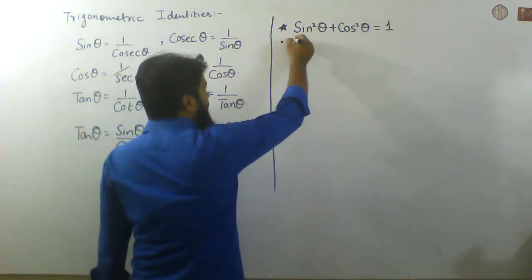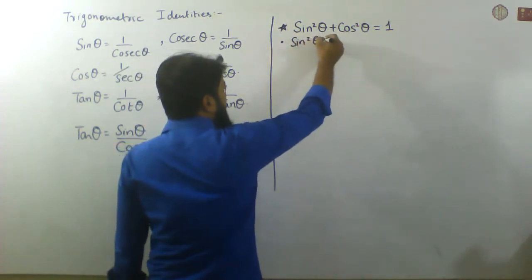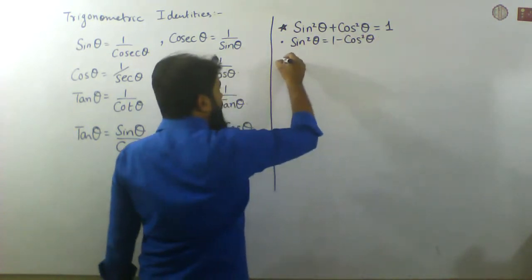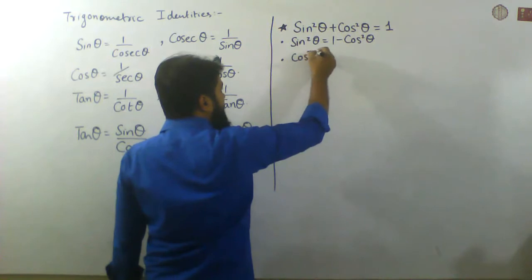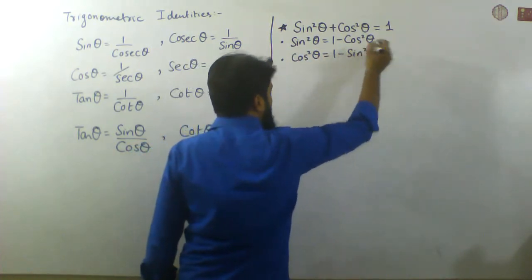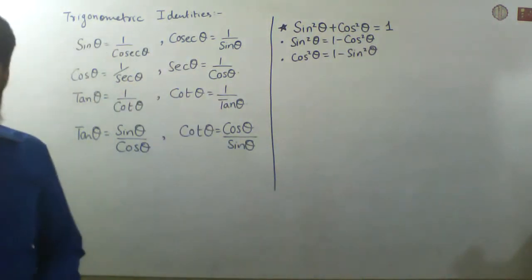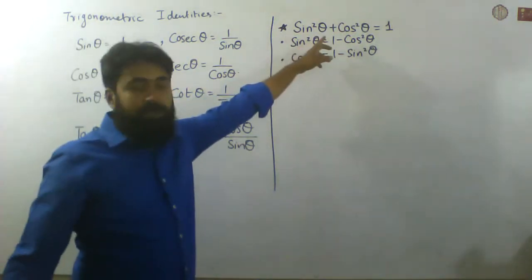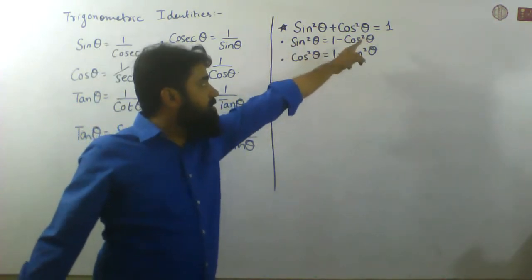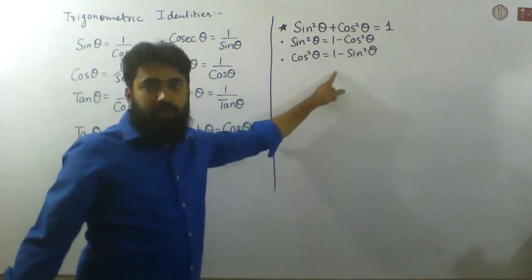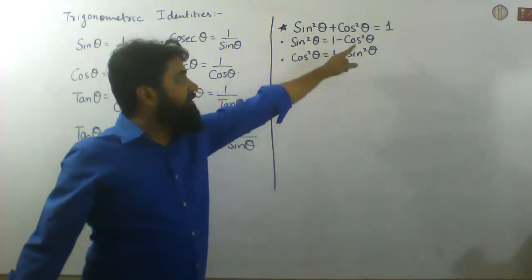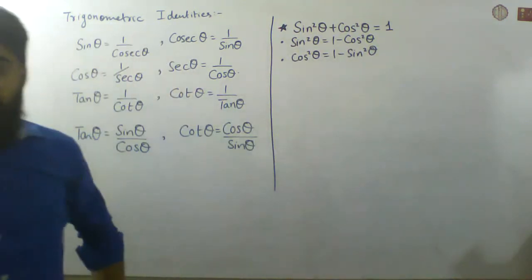You can have sin square theta equals 1 minus cos square theta, or cos square theta equals 1 minus sin square theta. That can also be a variation. I shifted cos square to the other side, giving 1 minus cos square, and in the other I kept cos square on the left and shifted sin square to the right, and got this result.